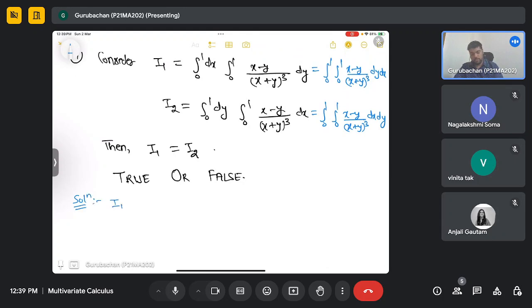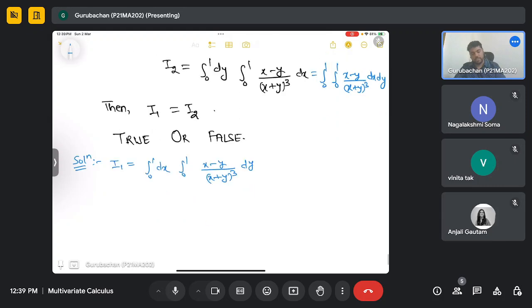So let's do it here. 0 to 1 dx, 0 to 1 (x minus y) by (x plus y) cube dy. Since in the denominator we have x plus y cube, we can make the numerator also of the x plus y type.